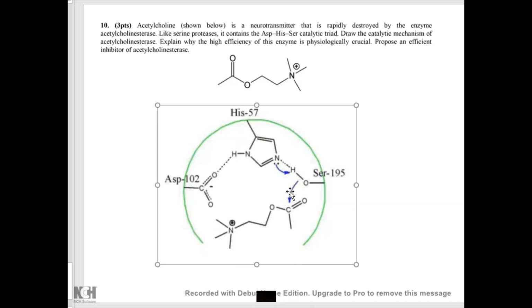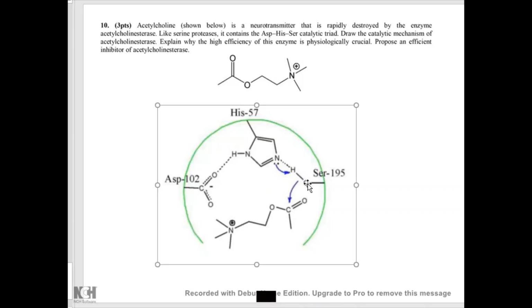If you take a look at this group, this is an ester group. It is very similar to the amide bond, the peptide linkage found in proteins, and it will be hydrolyzed based on a very similar mechanism.